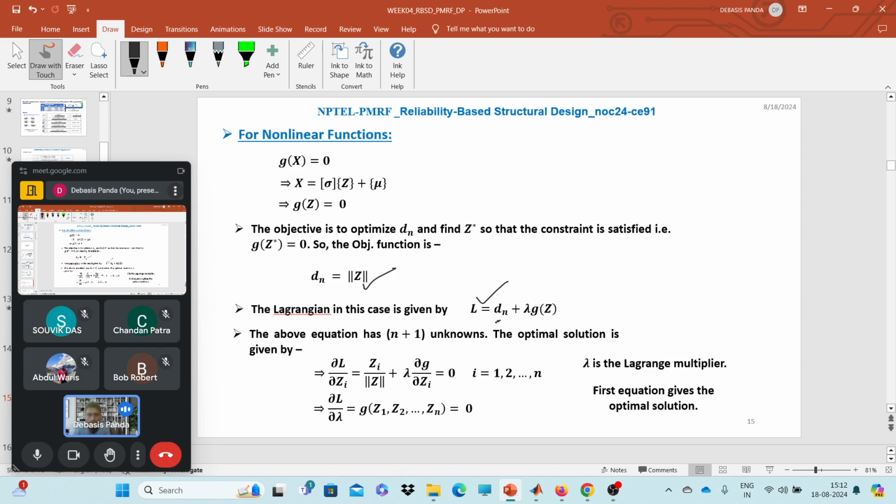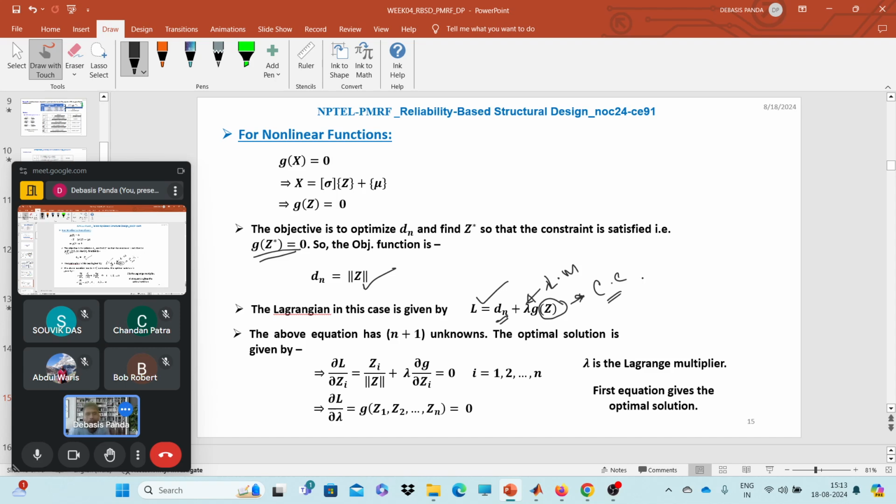The Lagrangian is nothing but your optimization function plus lambda, which is the Lagrange multiplier, times g(z). This is the constraint condition. Here we have only one constraint condition, that all points should lie within that g star value, that means within that curve.